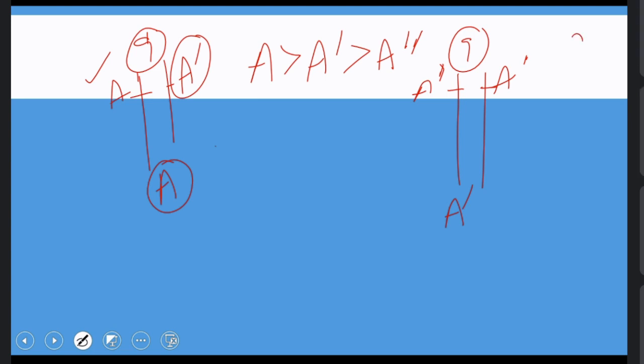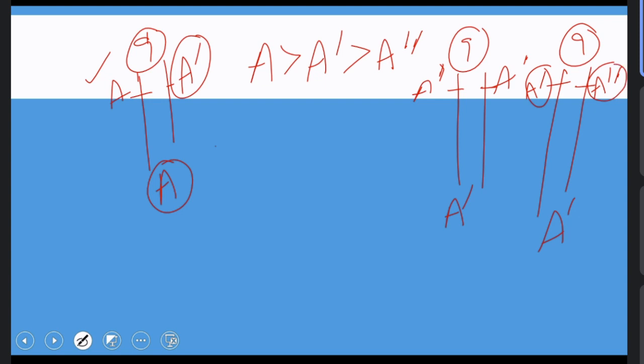But for another individual, we are taking A single dash, A double dash. Now what will be the blood group here? A single dash only. Why? Because here A single dash is dominant to A double dash, but the same gene is recessive to its wild type.